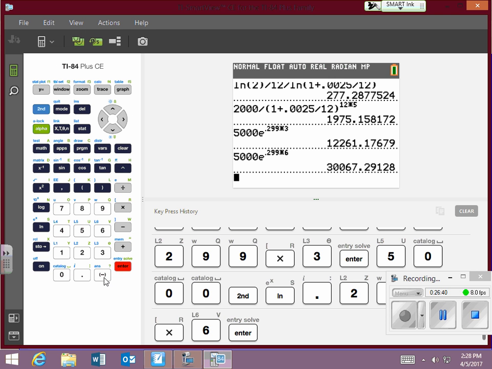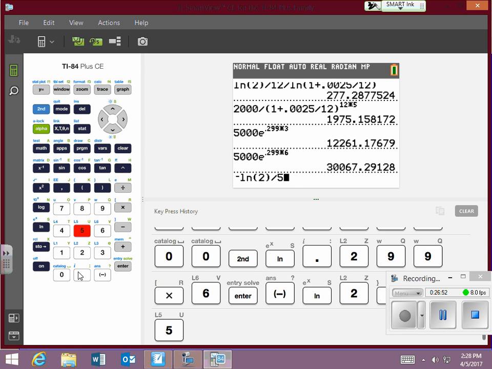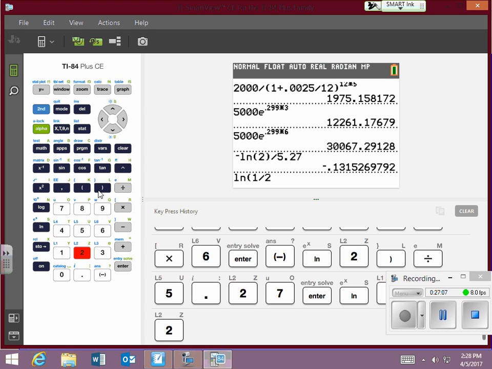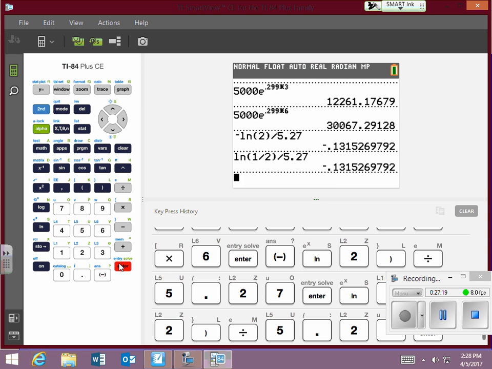Now I'm going to have to use this negative, right? ln of 2 divided by 5.27. Now I want to show you, if I did ln of 1/2, I'd get the same thing. So it wouldn't make any difference, that minus.